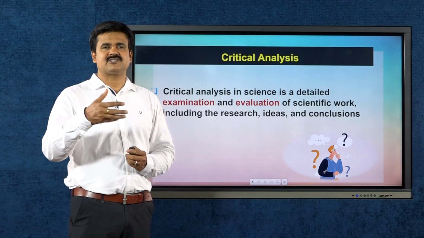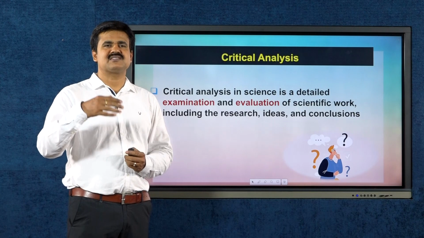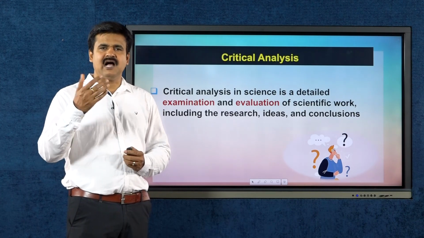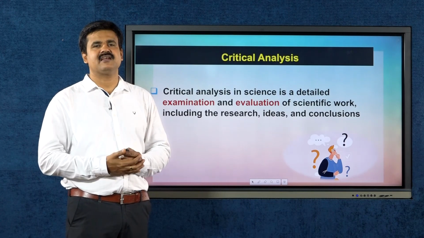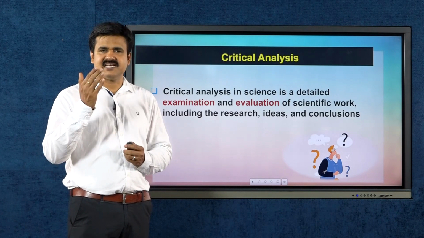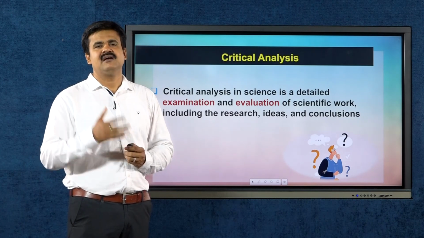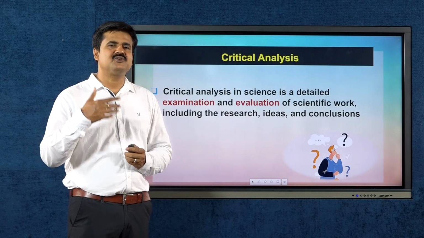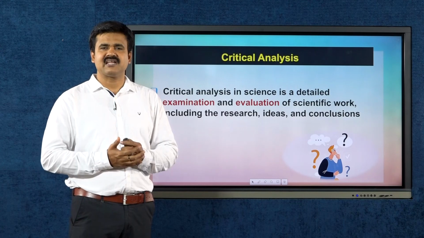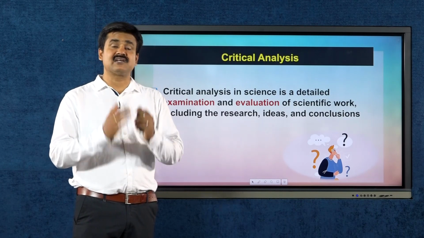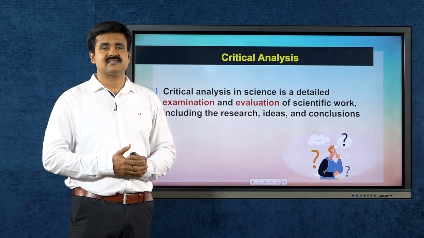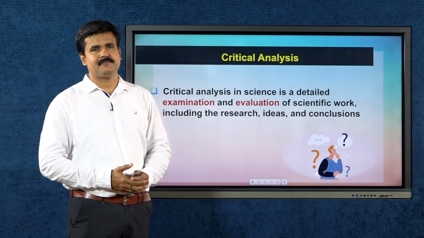So, we first observe something, we do some experiments, again we do some repeated experiments, and before arriving at a final conclusion, we have to consolidate all the data and examine it carefully. We have to assess things very carefully and critically evaluate the data before arriving at a final conclusion. So, critical analysis is one of the most important and final stages of scientific study.